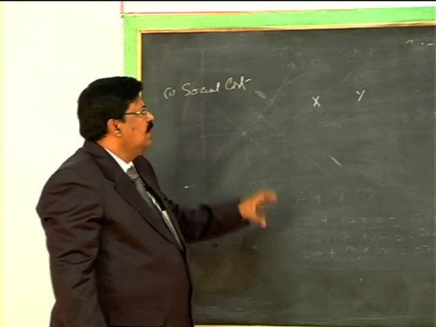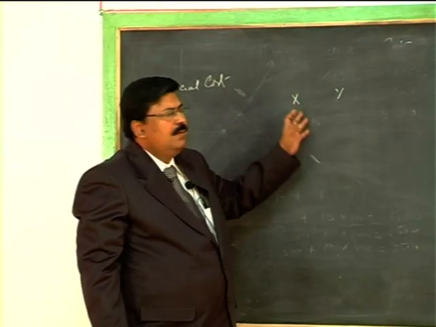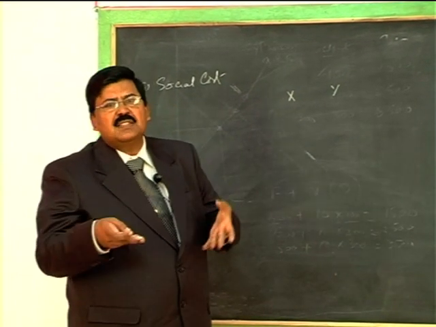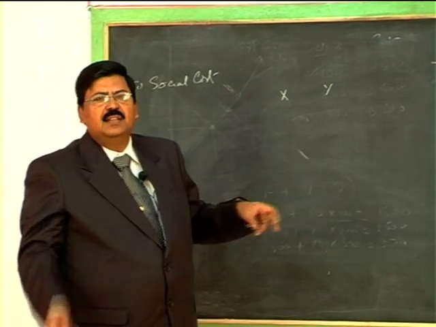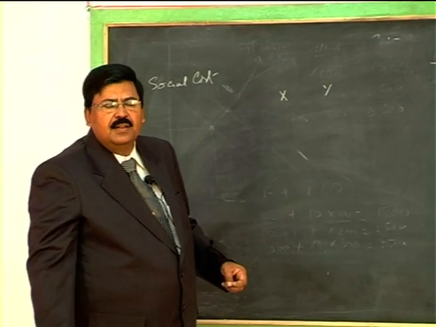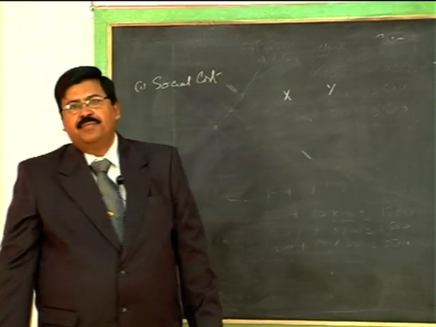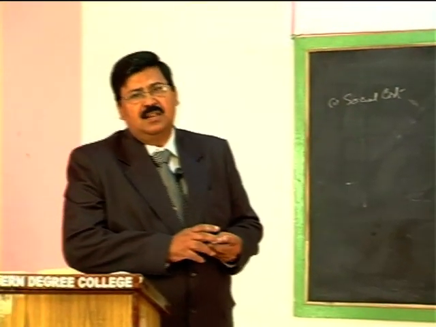If you allot the resources for the production of X, that means they are not available for the production of Y. There is a social cost of producing X. The social cost of producing X is the number of units of Y that are sacrificed in the process of producing X instead of Y. And economists call it alternative cost or opportunity cost also.